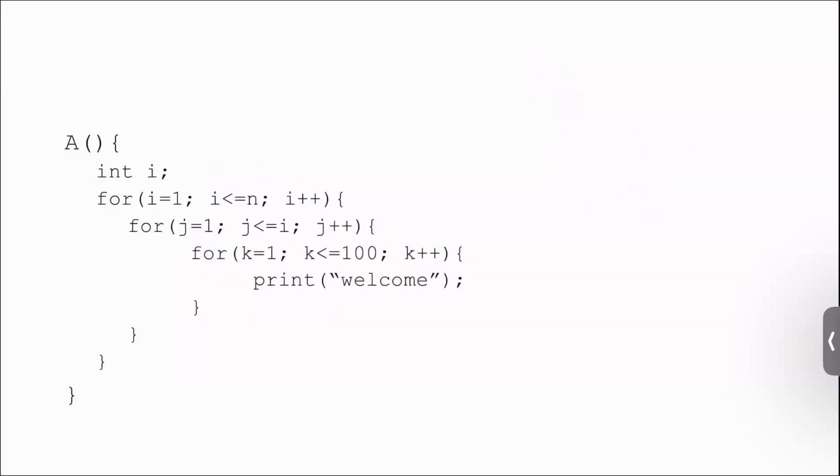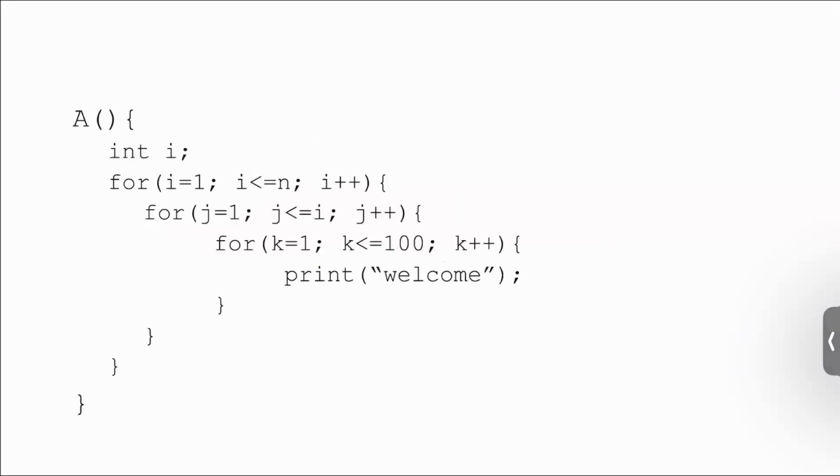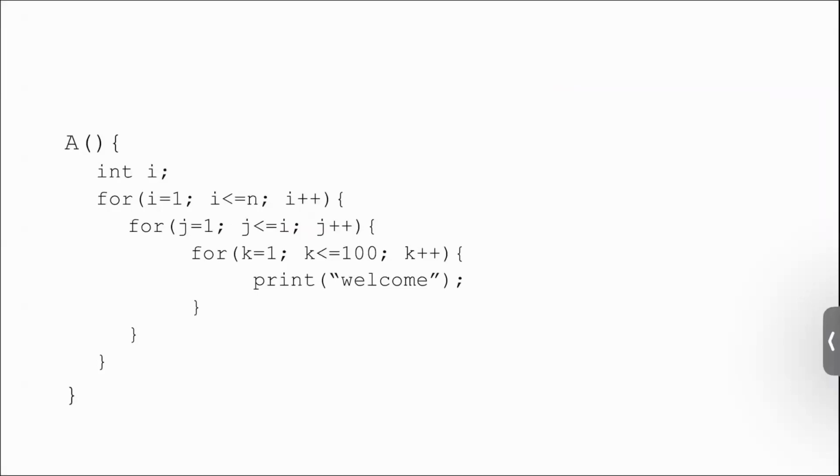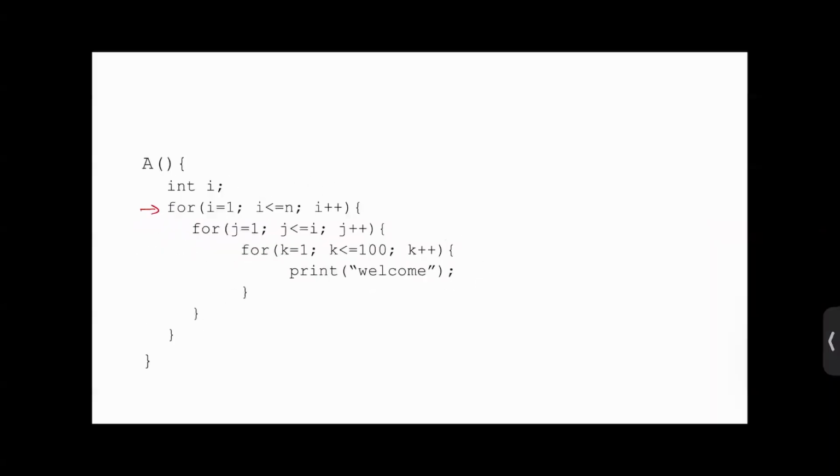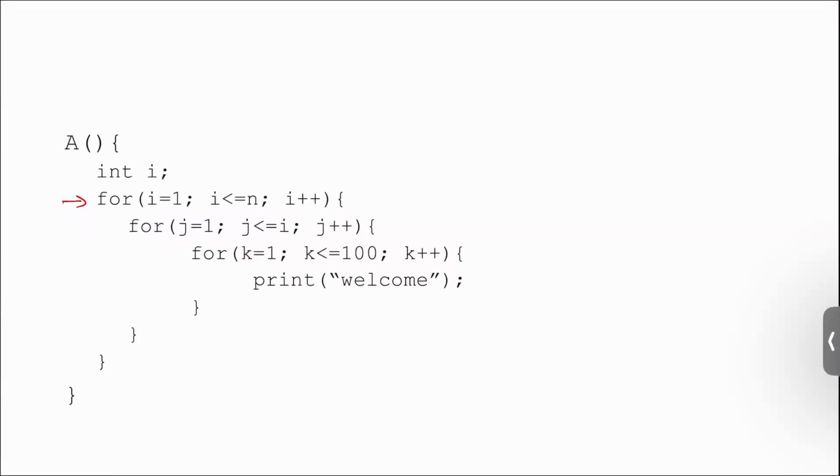Let's take 2 more examples. Let's say this one. This algorithm again has 3 loops, but see how we can formulate the sum equation and how we can solve it. First, let's set it up for the outer loop. The outer loop is summation i starting from 1 to n, right?